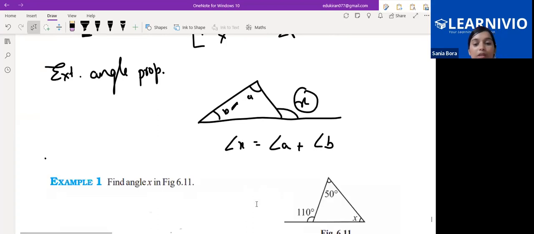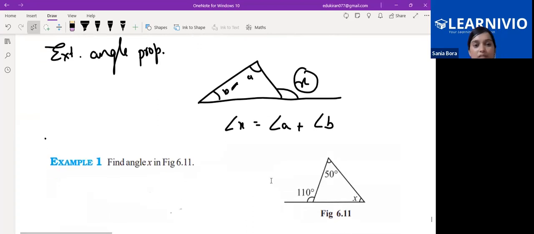Okay. So in this case, you have to find the value of X. The exterior angle is given, also A and B. Quickly find it, everybody.